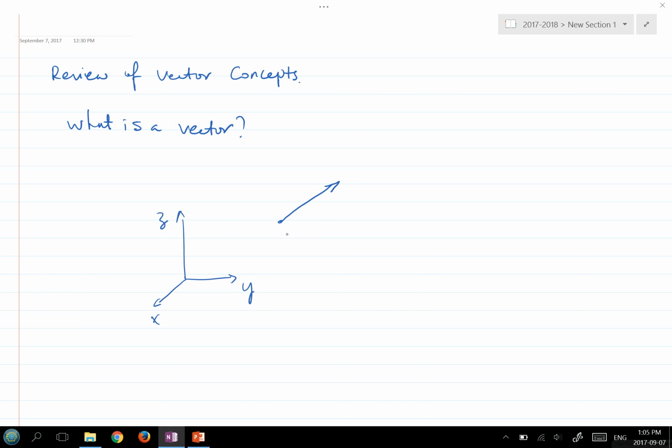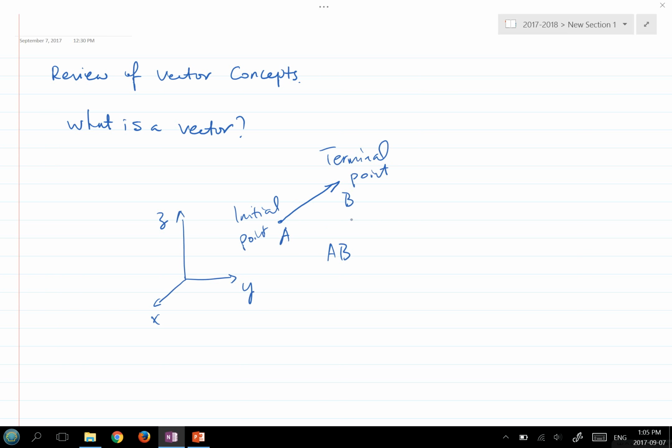You label it A and B, so this is vector AB. This is called the initial point, and this is called the terminal point.